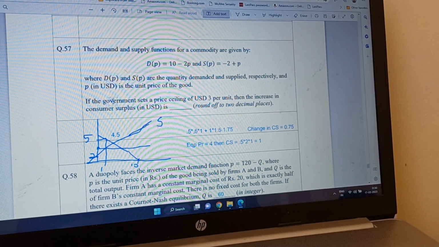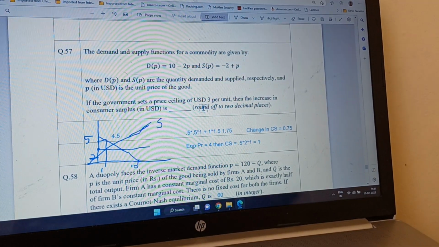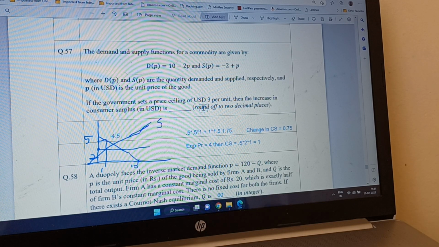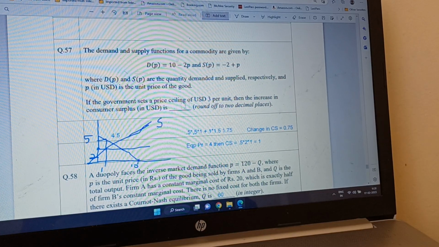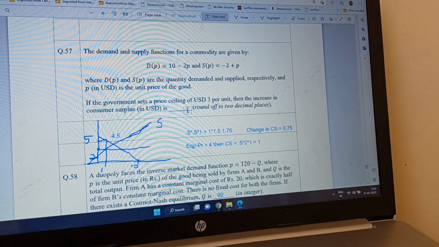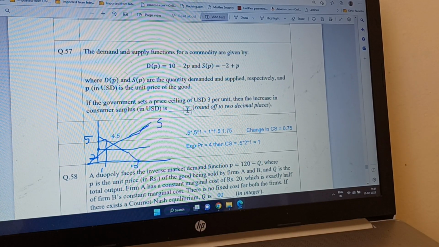If the government sets a price ceiling of US $3 per unit, then the increase in consumer surplus is... So we have to see first the equilibrium, and then we will see what the consumer surplus is after this ceiling of price.